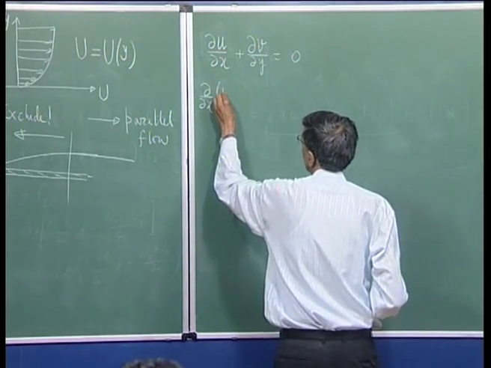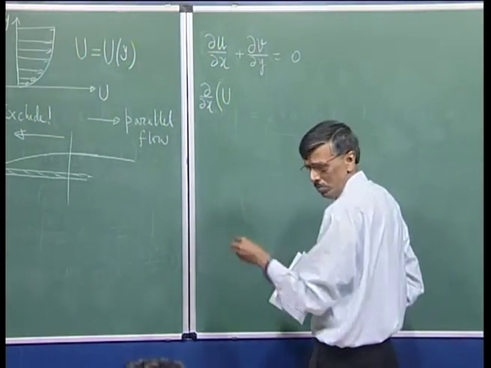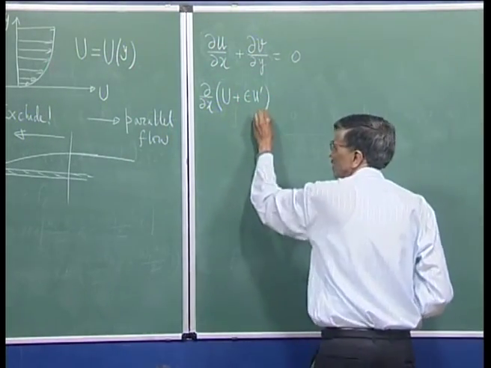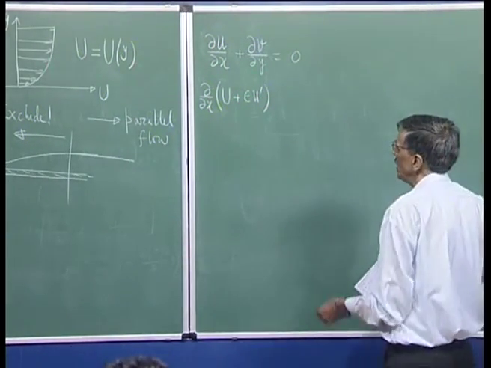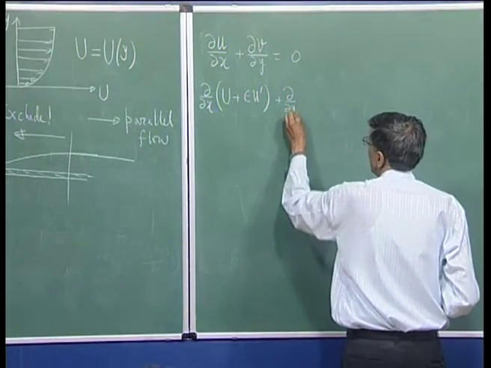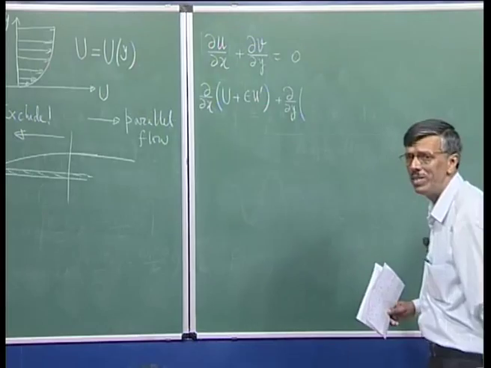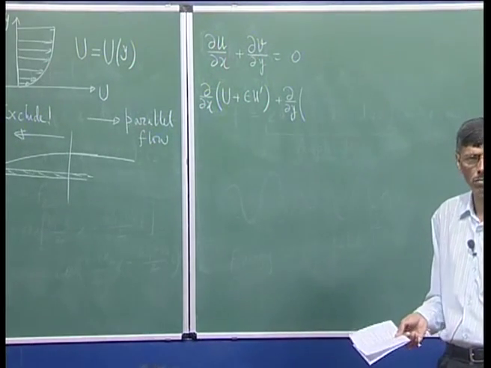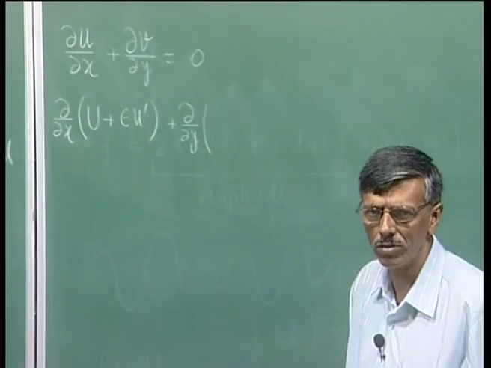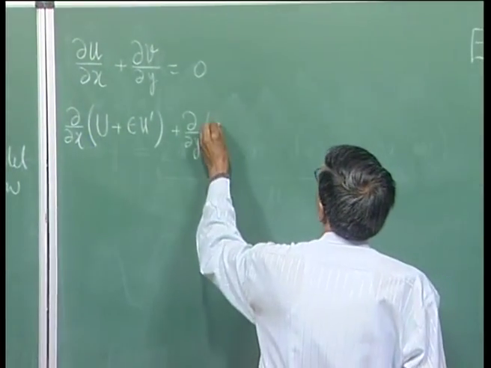U is nothing but the mean flow plus the perturbation field. What about v? That does not have a mean component. We are talking about parallel flow. So, a parallel flow cannot have a mean v component, right? So, that's not there.